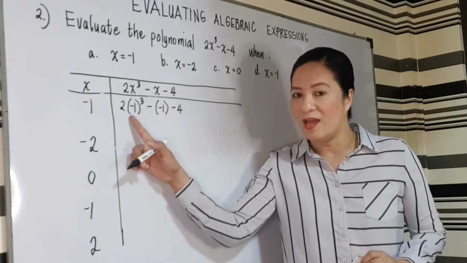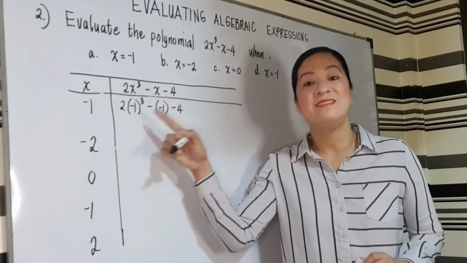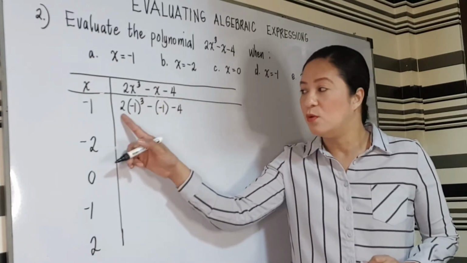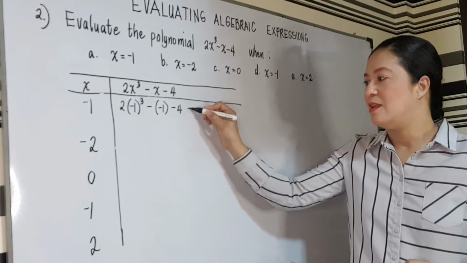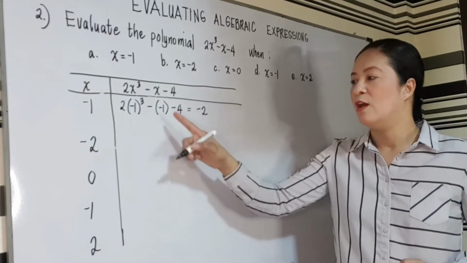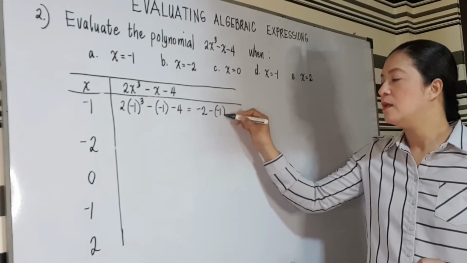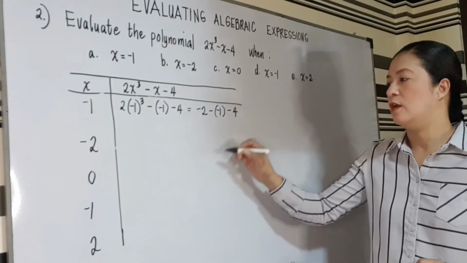So, negative 1 quantity cube is negative 1. Times 2, that is negative 2. So, minus negative 1 minus 4.